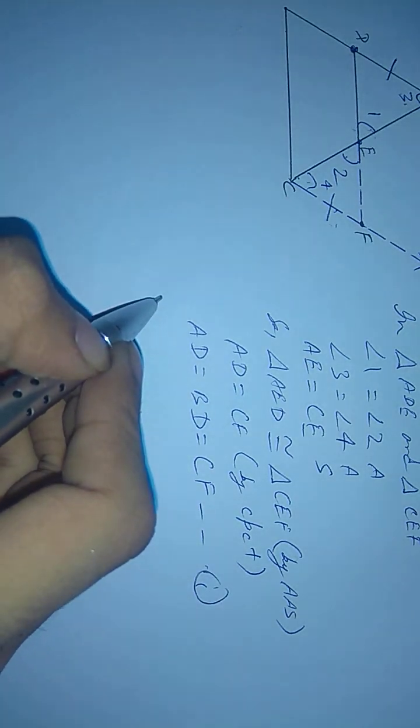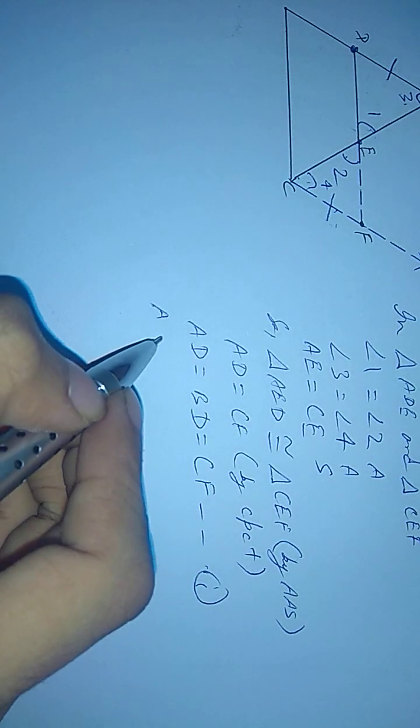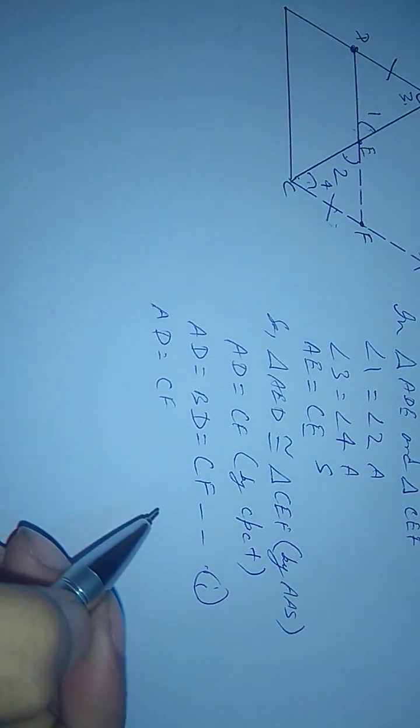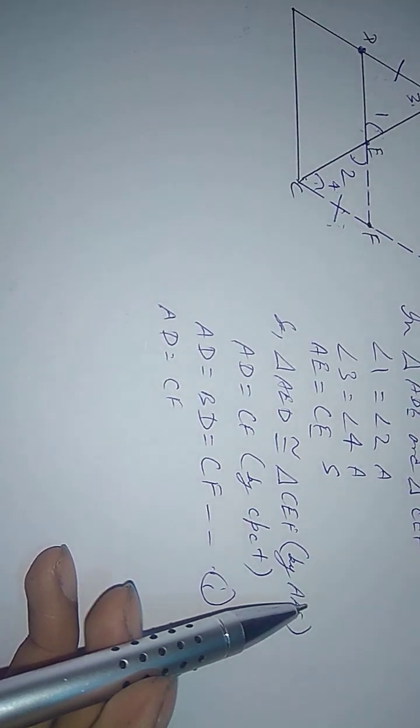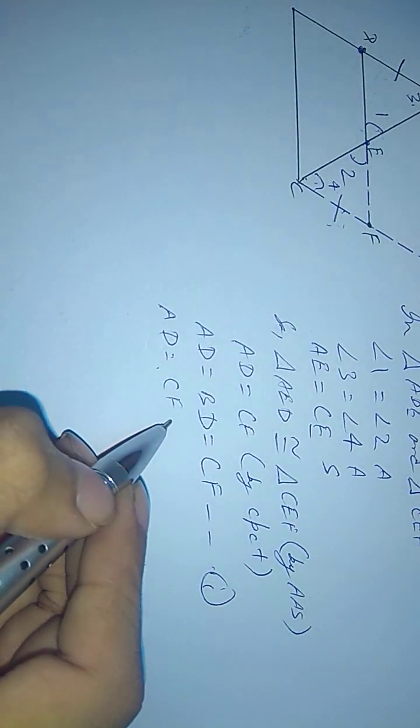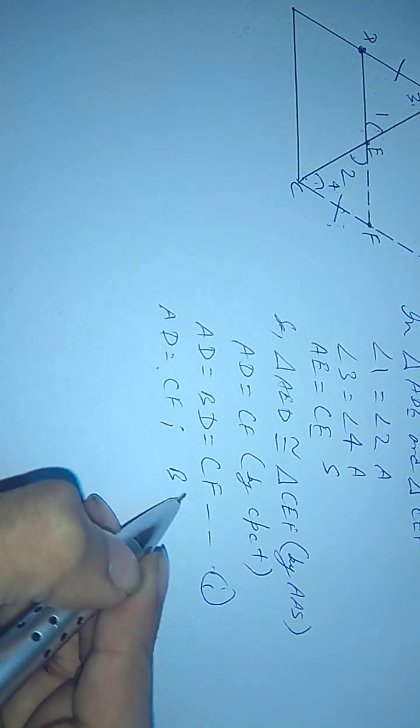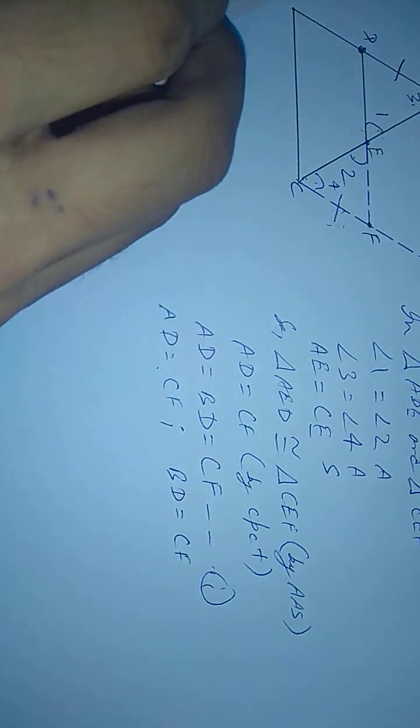Now here we can see that AD is equal to CF, and also BD is equal to CF.